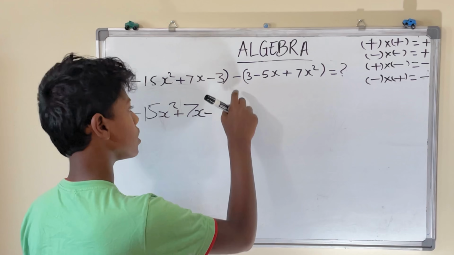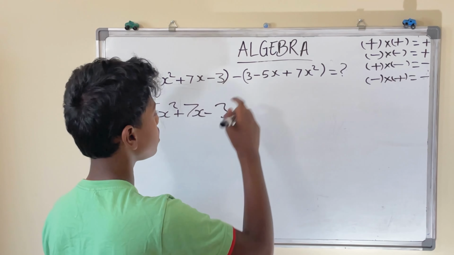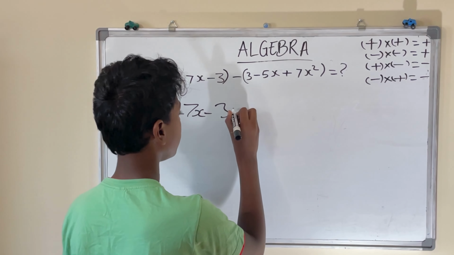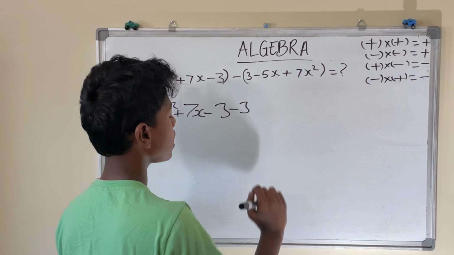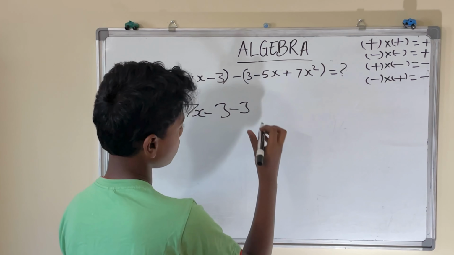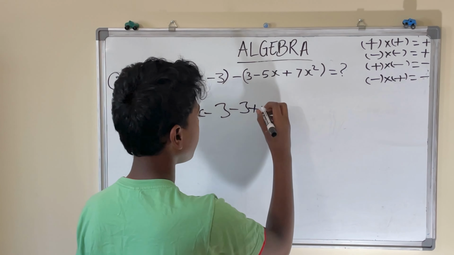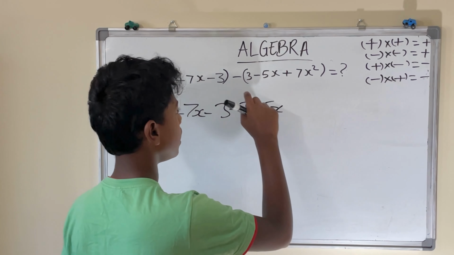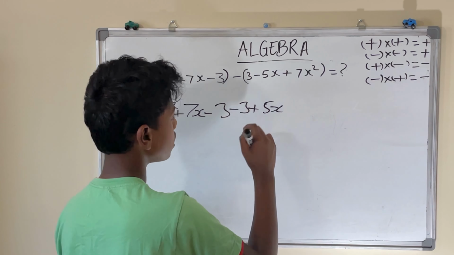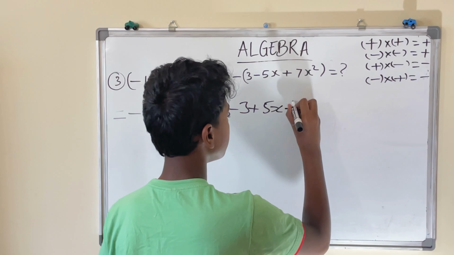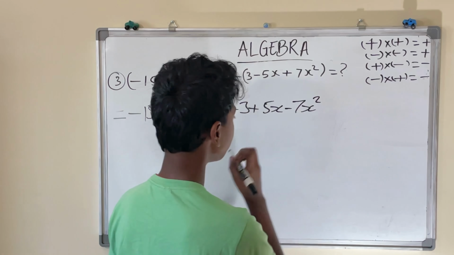Negative times positive 3 is negative 3. So I'm going to write negative 3. Negative times negative 5x: negative into negative is positive, so plus 5x. And then negative multiplied by positive 7x squared equals a negative, so negative 7x squared.